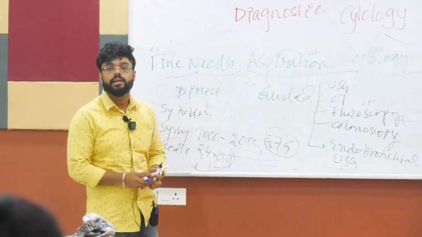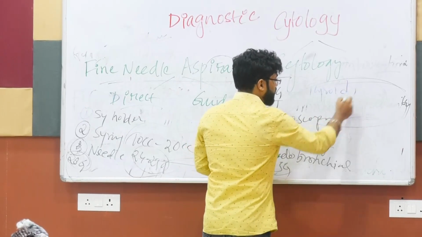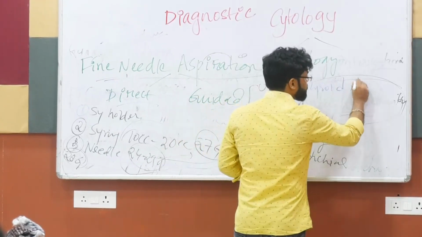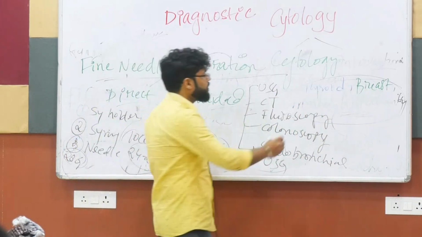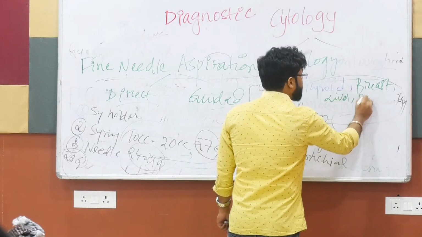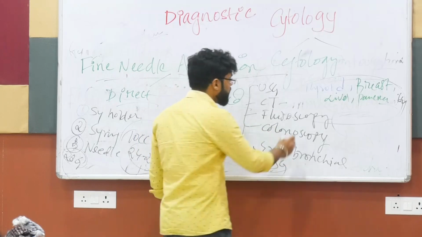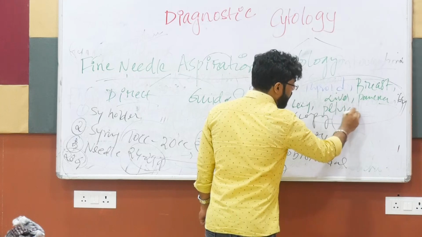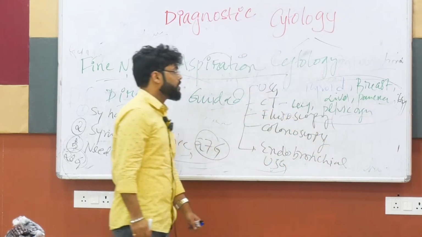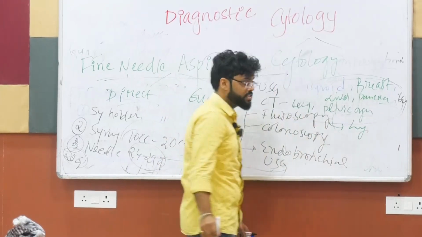Suppose USG guided FNAC is done in case of thyroid or breast or liver or pancreas, etc. CT guided FNAC is usually done from lung or pelvic organ related pathology. Under fluoroscopy, guided FNAC is done in case of lung lesion.